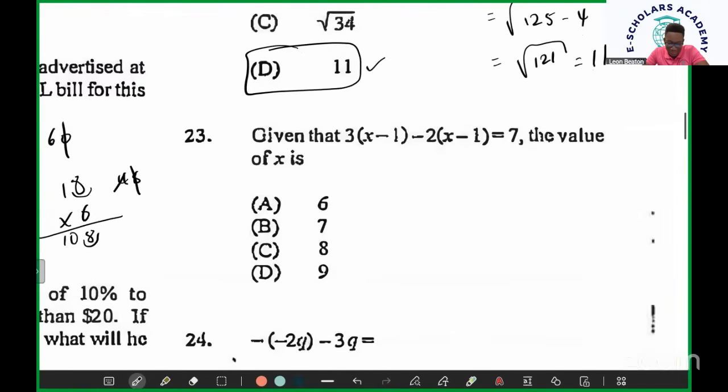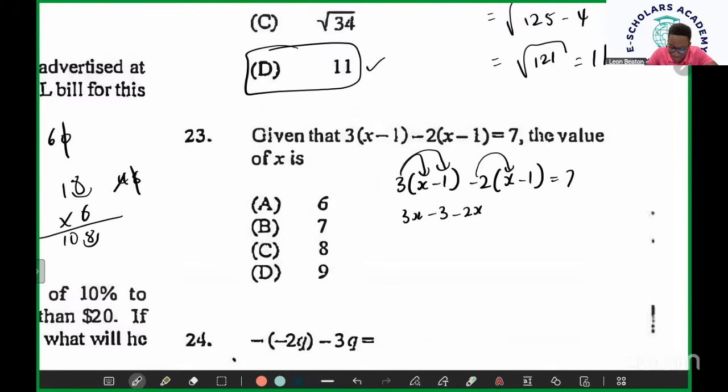All right, this one here, the value of x. So we have 3 open bracket x minus 1, minus 2 open bracket x minus 1, is equal to 7. They want the value of x. Later on in life, you will subtract these two as like terms, but let's distribute for now. 3 times x is 3x. 3 times -1 would be -3. -2 times x is -2x. -2 times -1 will be +2.